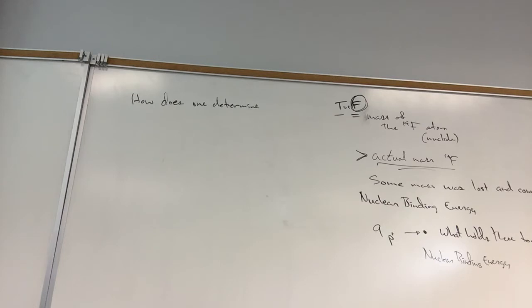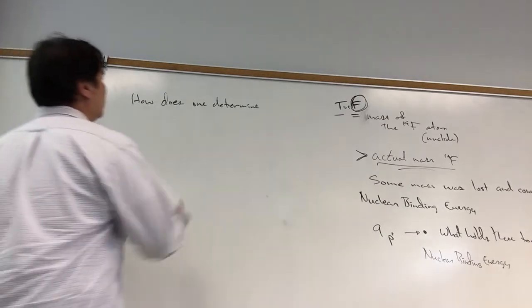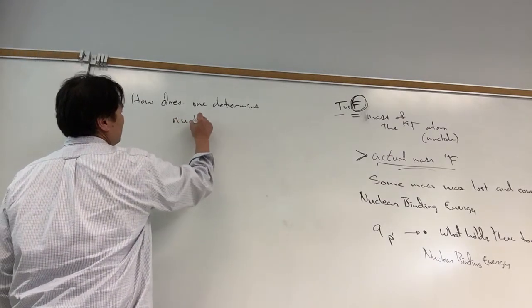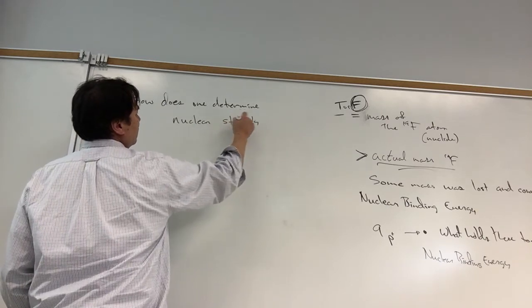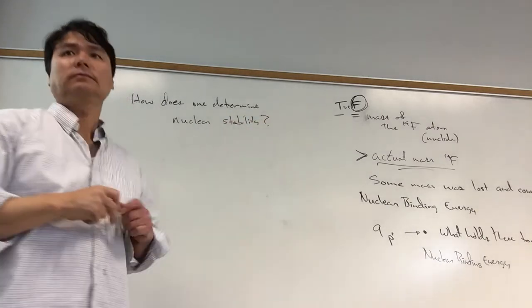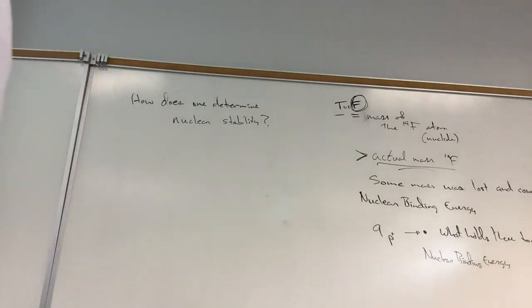First we have to figure out which one is more stable. Is there a way to figure that out? How does one determine nuclear stability? Break the nucleus. Try to break the nucleus?